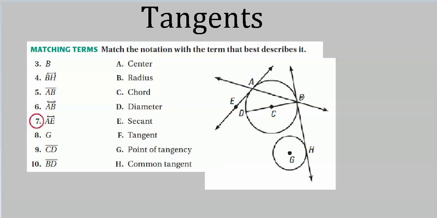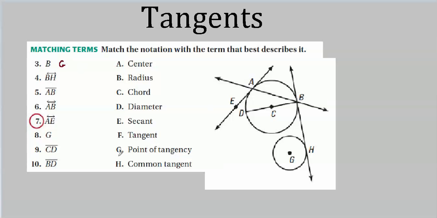Well, it certainly looks like a point of tangency to me, doesn't it? It looks like we've got a tangent here that touches right there. So I'm going with G on this one. I'll say B is the point of tangency, and well, these seem to match up 1 to 1. So I hope I'm not messing up.